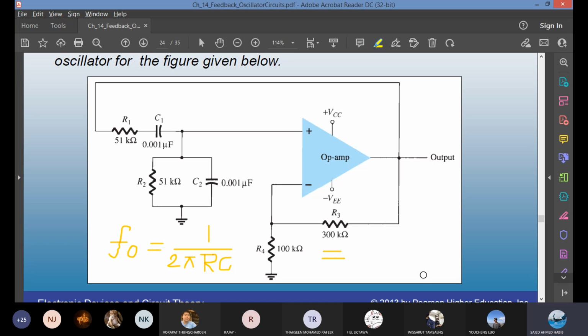Take the inverse, 3,120 hertz. It's actually 3,120.68, I just rounded up. The unit is hertz. If you want to express it in kilohertz, it is 3.121 kilohertz.